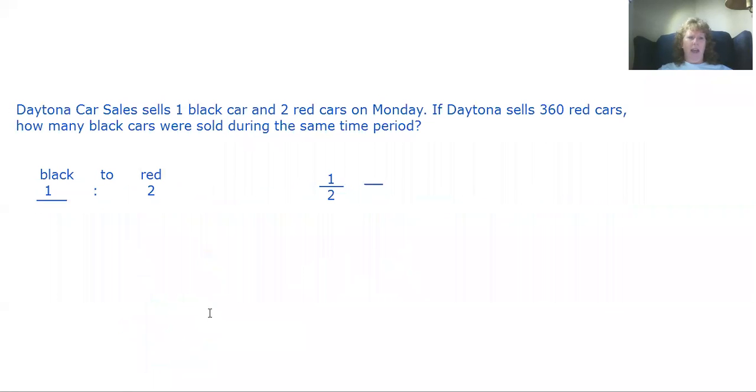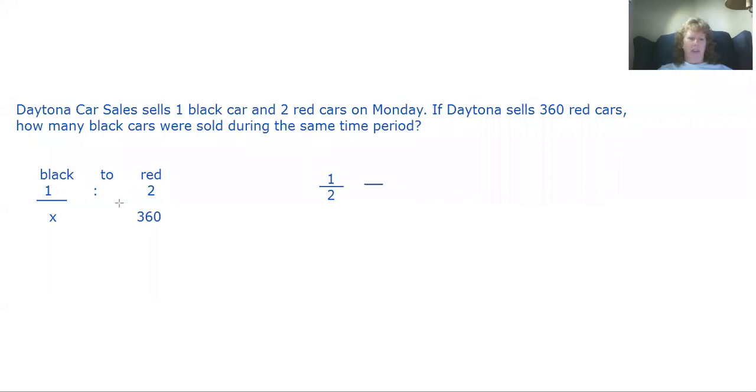Let's look at this problem. Daytona Car Sales sells 1 black car and 2 red cars on Monday. If Daytona sells 360 red cars, how many black cars were sold during the same time period? So I've written the first ratio, black cars to red cars, 1 to 2, and as a fraction. If I come back here and write that 360 of the cars are red, that will make my black amount unknown and the red 360.